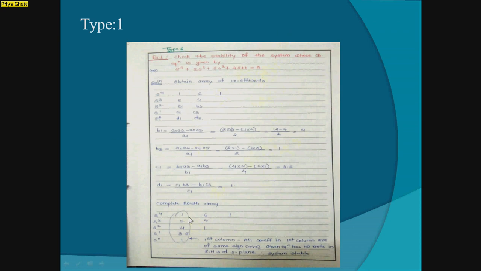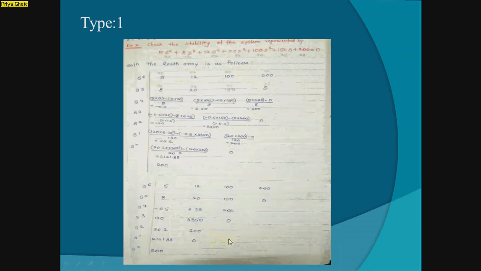If we were having negative values, then those roots would go towards the right hand side plane. But in this example we are not having a negative sign. All the coefficients have positive sign, that's why all the roots lie in the left hand side plane. That's why the system is stable.